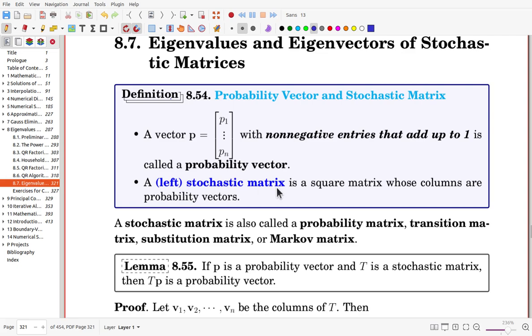And sometimes a stochastic matrix can be multiplied from the right side; then we call it a right stochastic matrix. The default is the left stochastic matrix. Such a stochastic matrix is also called a probability matrix, transition matrix, substitution matrix, or Markov matrix.